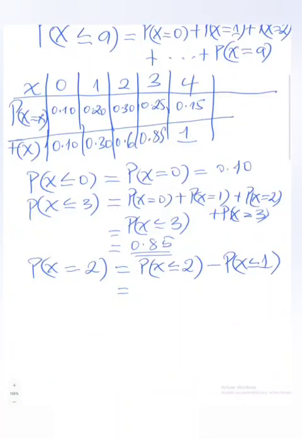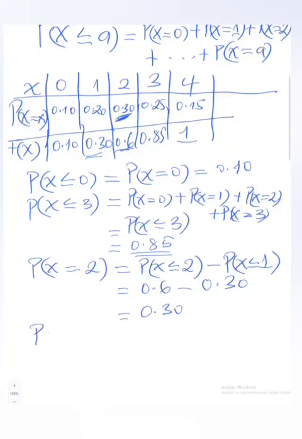At this point, I get the cumulative value of 2, which is 0.6, minus the cumulative value of 1, which is 0.30. And that gives us 0.30, which actually corresponds to that probability value.